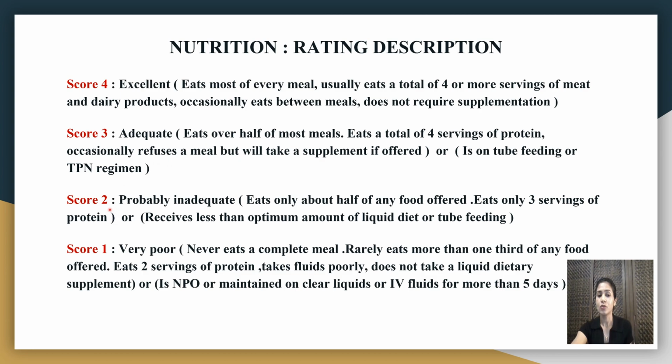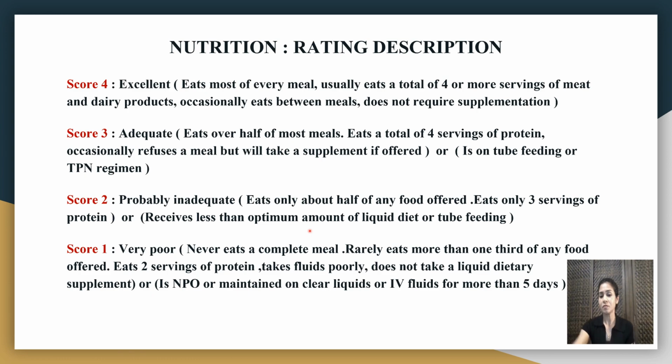Then score 2, probably inadequate. That means the patient will have only half of any food offered, taking only 3 servings of protein per day. Or if the patient is on tube feeding, the patient is receiving less than the optimum amount.